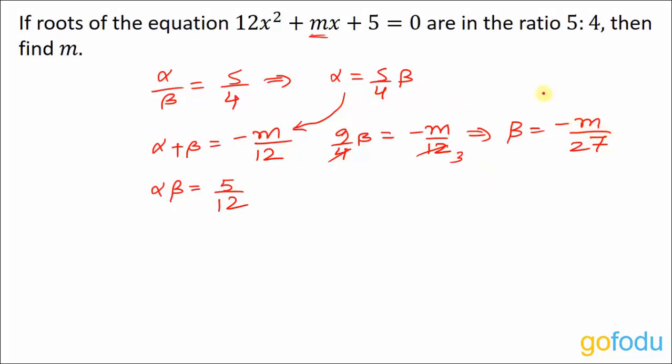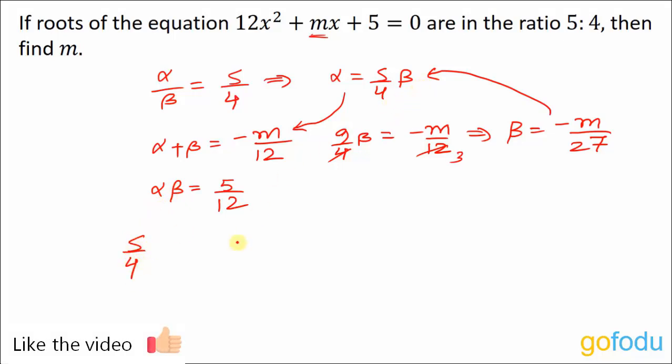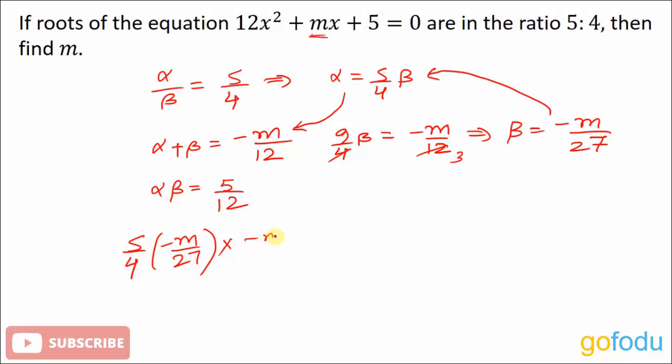Now this value of beta I'll put back in this equation and I'll get alpha in terms of m. So in place of alpha I'll be writing 5/4 beta, where beta is minus m by 27, into beta, which is minus m upon 27. This will be equal to 5/12. 5 and 5 get cancelled.